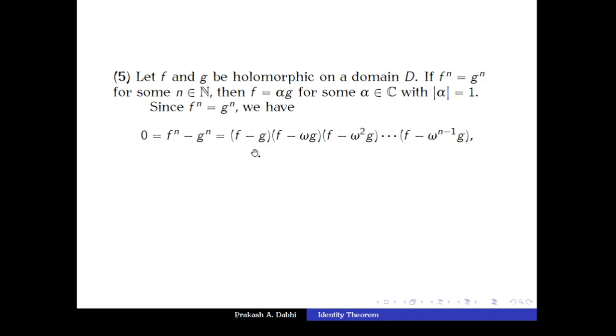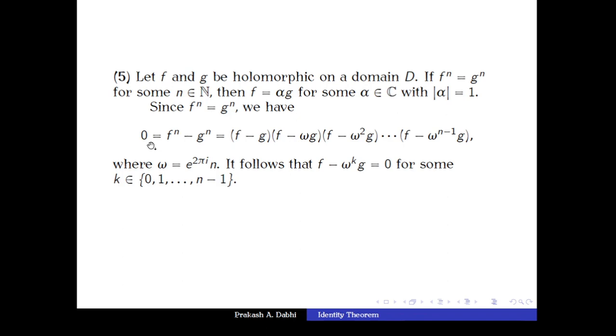So now we have that the product of all these n analytic functions is 0, and so one of these n functions must be 0. Therefore there exists some k in the set {0, 1, up to n minus 1} such that f minus omega power k g equals 0.